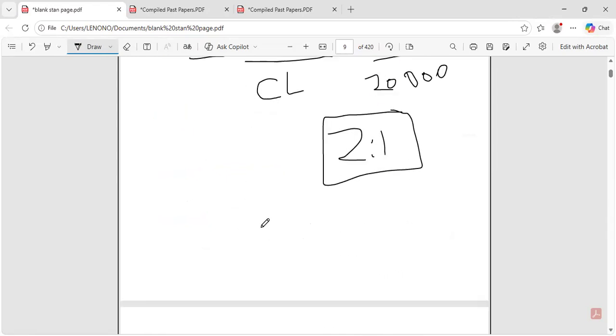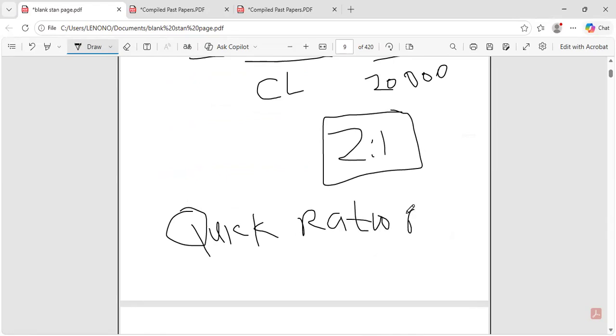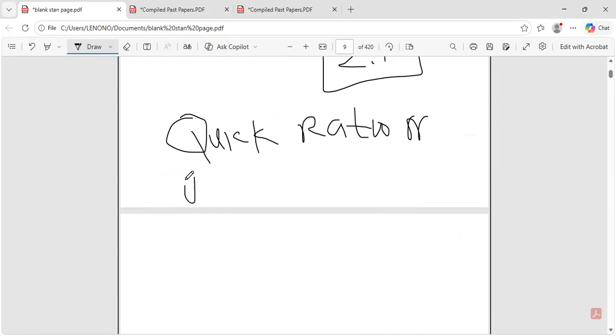The other one is quick ratio, also called the acid test ratio.